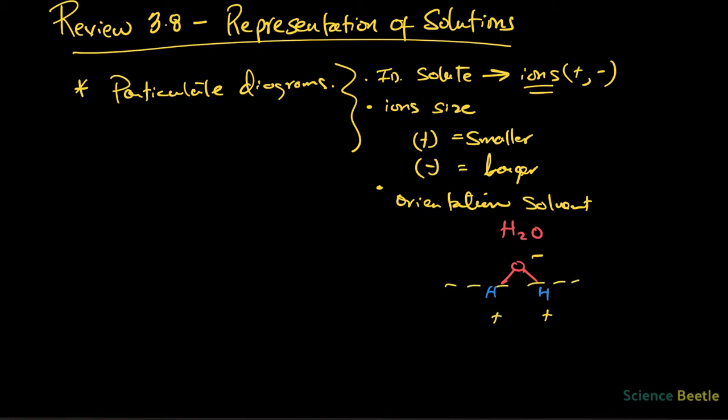So we have a polar existence overall for the water molecule. And it's just making sure that you place the water molecule around any solutes, ions that are generated, appropriately. So what that really means here is that you're going to have the water facing the cation, or the oxygen facing the cation, and then the hydrogen atoms are going to be facing the anion. And so that's one important thing there.